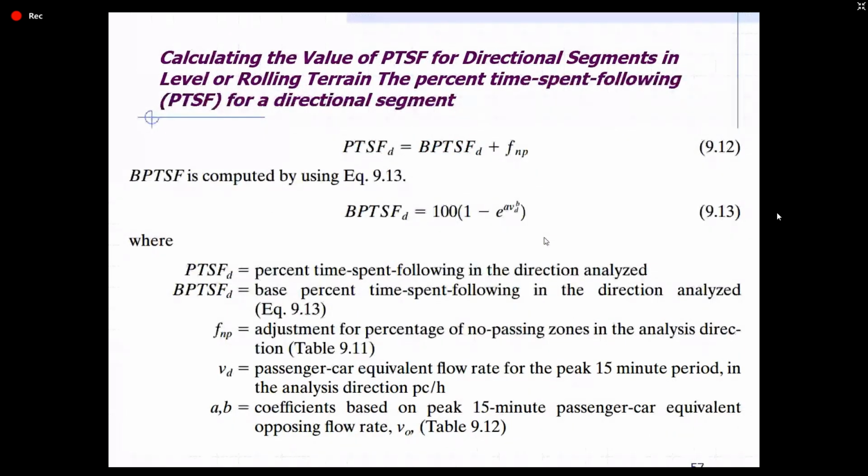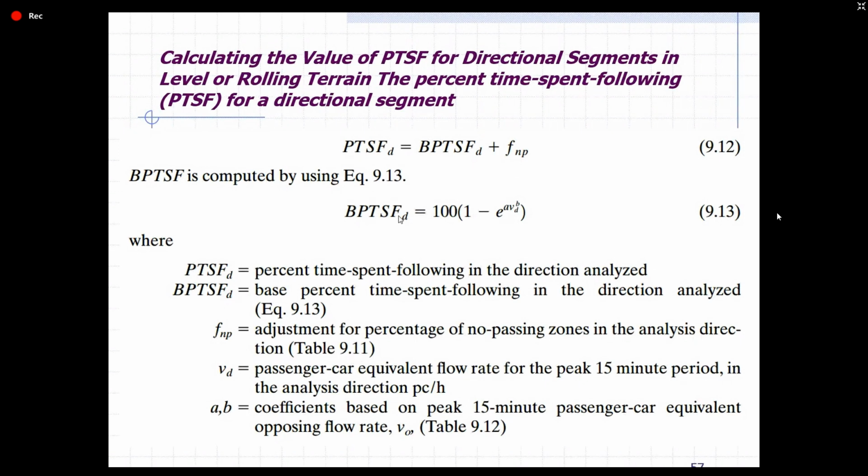So, titignan nyo, same pa rin yung formula natin. Nalagyan lang siya ng subscript na letter D to indicate that it is your directional. So, your base PTSF, this is equals to still the same, FNP. Pero yung magbabago is your FNP. Ibang table na yung gagamitin natin. Table 9.11.